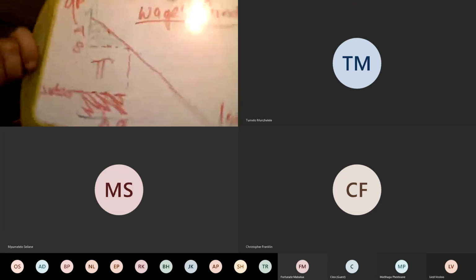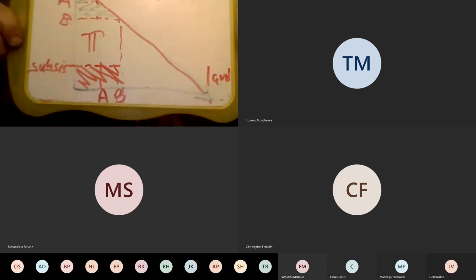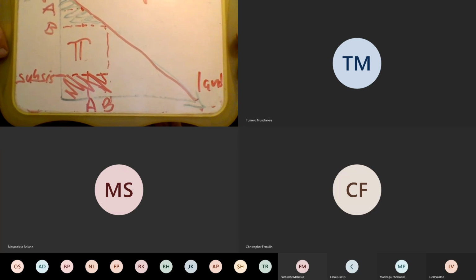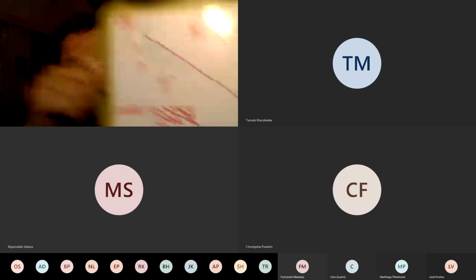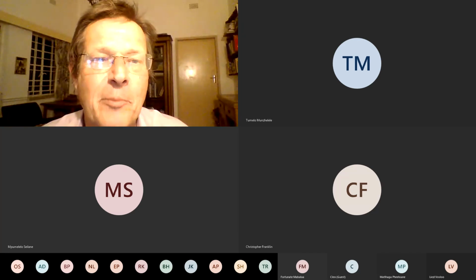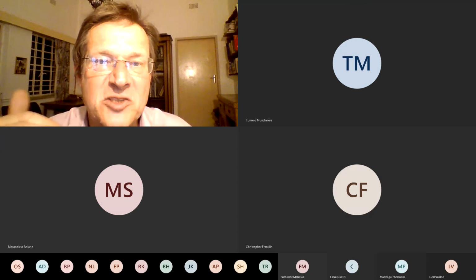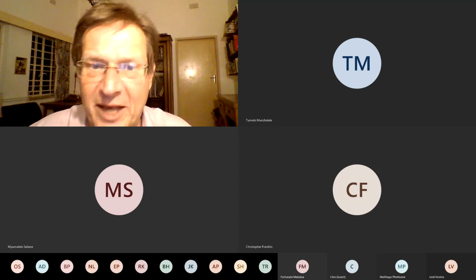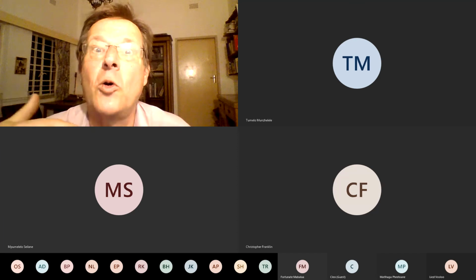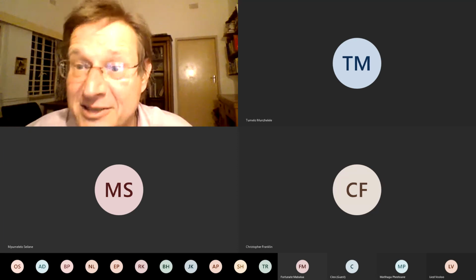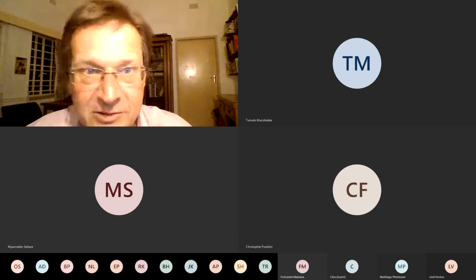Now, Ricardo used this model to make his statement about the stationary state. And he says, what happens if we keep in place the Corn Laws? As we keep in place the Corn Laws and the population is growing, more and more land has to be brought under cultivation in England.